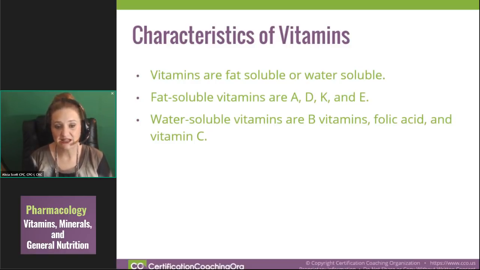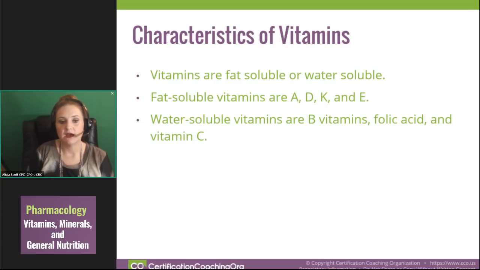The vitamins that are fat soluble are going to be A, D, K, and E. So keep that in mind. Water solubles will be vitamin B, and there are several vitamin Bs, folic acid, and vitamin C, right?